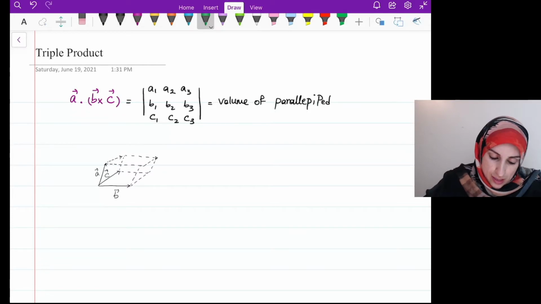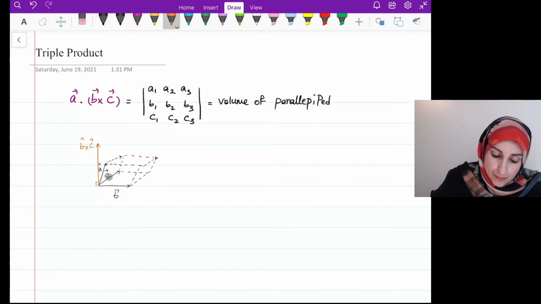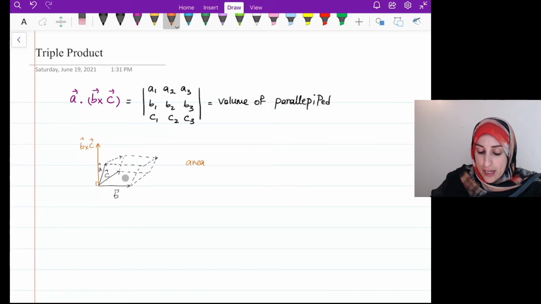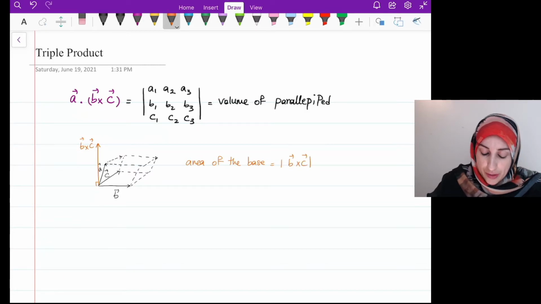So let me write A in here, and this is B cross C, and the vector B cross C is perpendicular to the plane that is passing through B and C. And as you know, the area of this parallelogram in here would be the length of B cross C. So the area of the base of this parallelepiped is the length of B cross C.